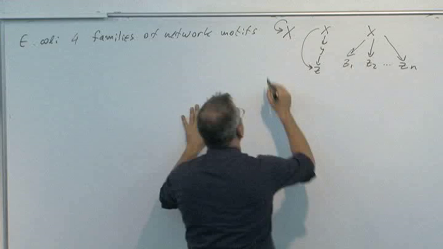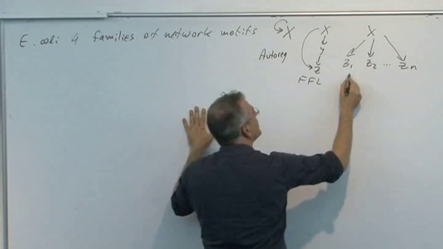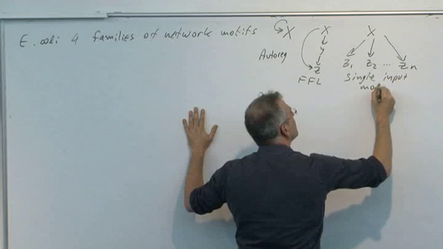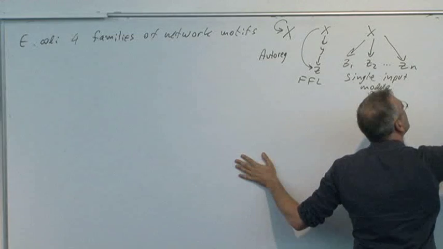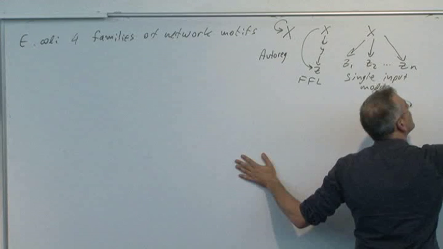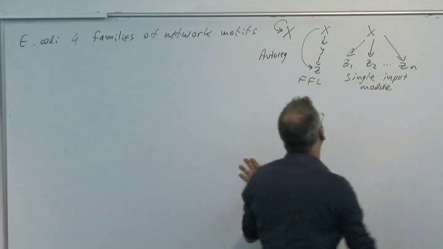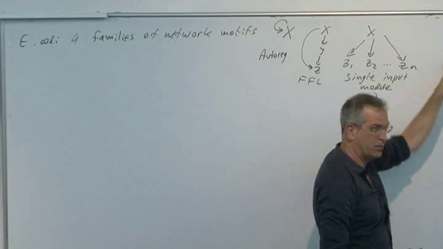We're going to talk about right now. So autoregulation, FFL, single input module, and this one. Interesting. So we've covered this so far, and we're going to talk about these 2.